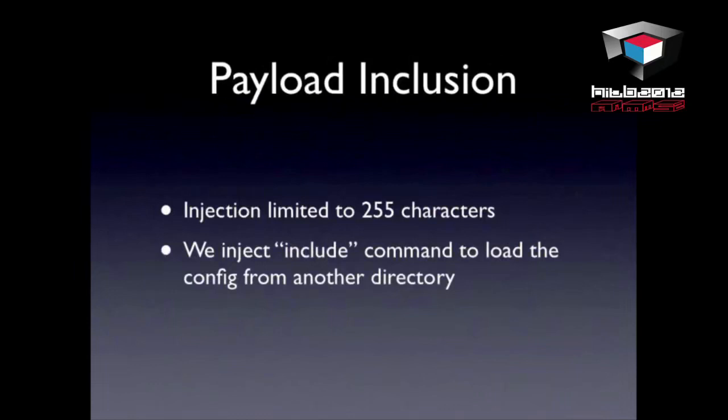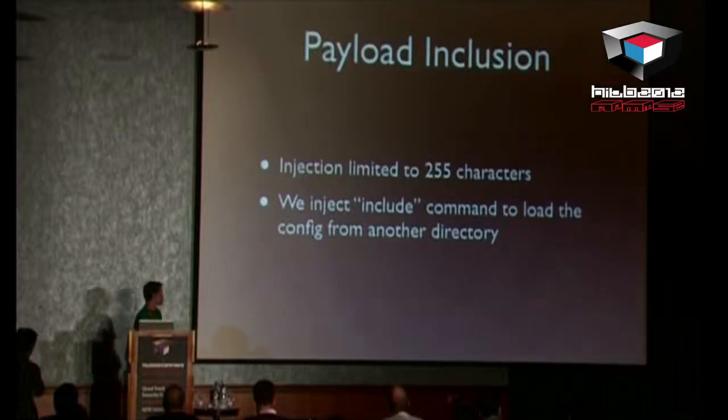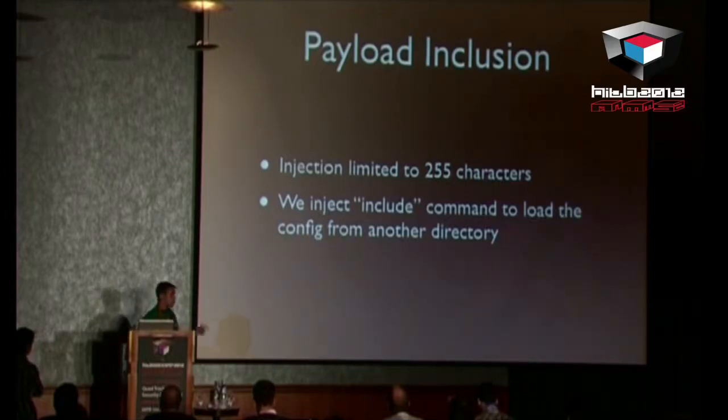Unfortunately, the user buffer we use is limited to 255 characters, so it's not really enough to stick our huge ROP payload in there. But we can use the include command and actually get it to load a configuration from another file.